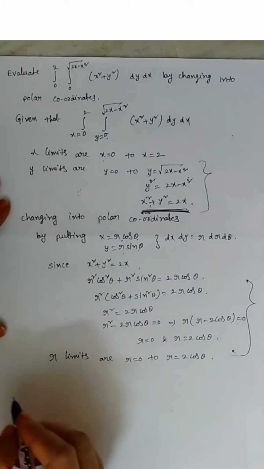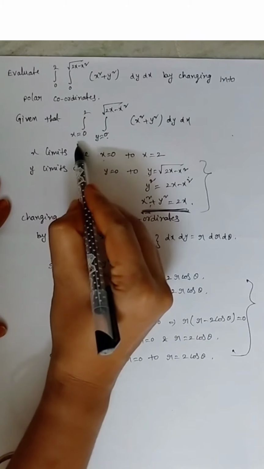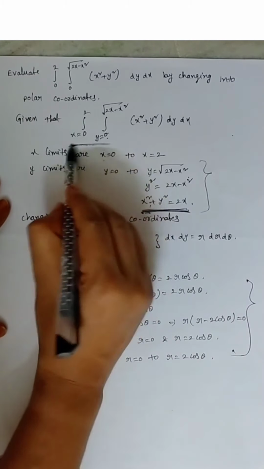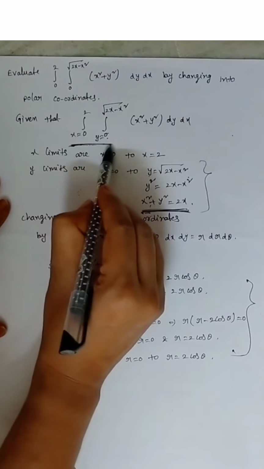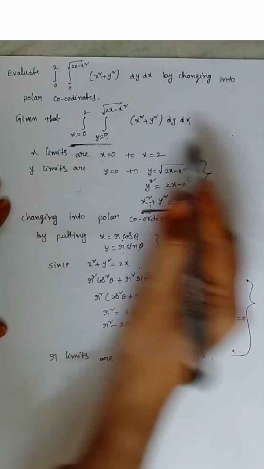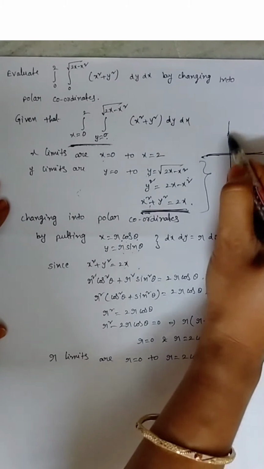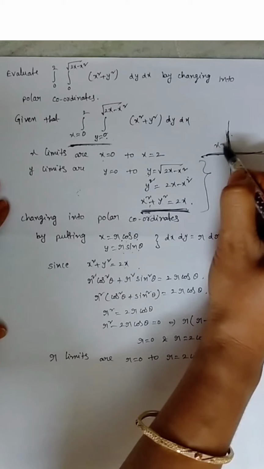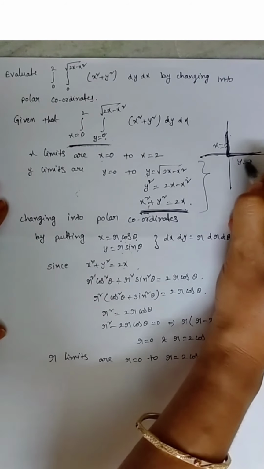Now next come to the theta limits. Since, from the x limits and y limits, both the lower limits are 0. Both the lower limits are 0 means, see, x axis and y axis. Here x equals 0 and y equals 0.